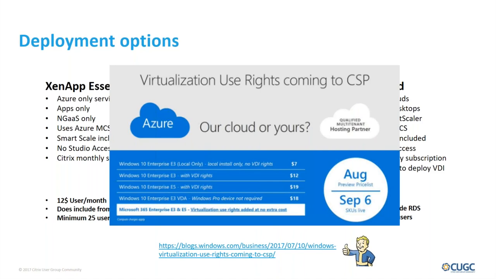So basically it means that you can run VDI on a shared multi-tenant infrastructure as a hosting provider or from Azure, but it requires that you have Windows 10 from CSP, which is another reseller agreement that some partners have with Microsoft.